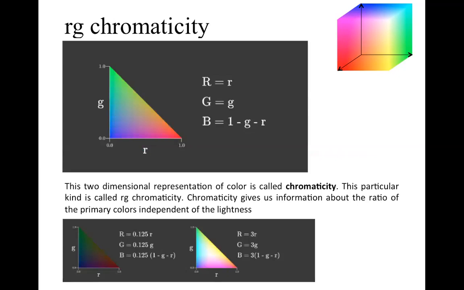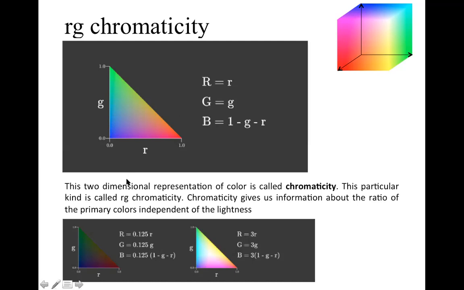In particular, the plane R plus G plus B equals 1 is called RG chromaticity, because you have red and green, and the blue here is 1 minus G minus R. So in chromaticity, you split the color into the brightness, which is constant and equal to the value of the plane, and the chromaticity, which gives you information about the ratio of the primary colors independent of the brightness.